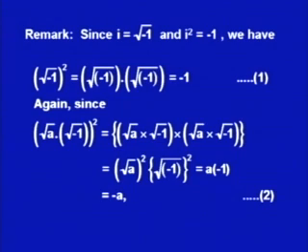Again, the square of √a·√−1 equals √a·√−1 times √a·√−1. This will be equal to (√a)² times (√−1)², that is a times −1, that is −a. Hence, √−a means the product of √a and √−1.